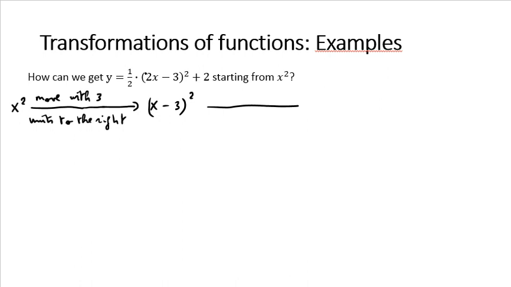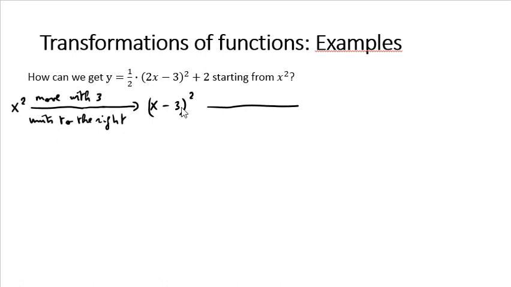And then I see a 2 here. To get this 2, I have to do my x here times 2. So replacing x by a times b times x.